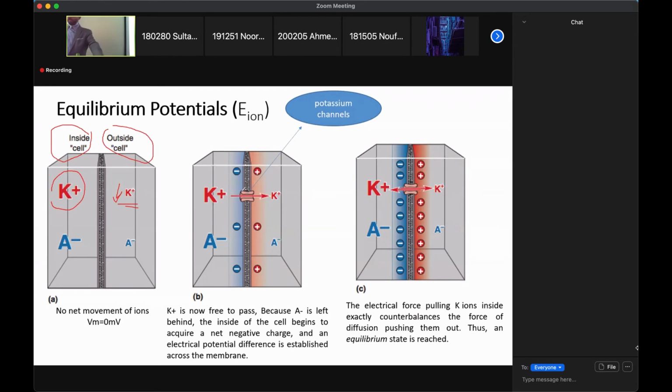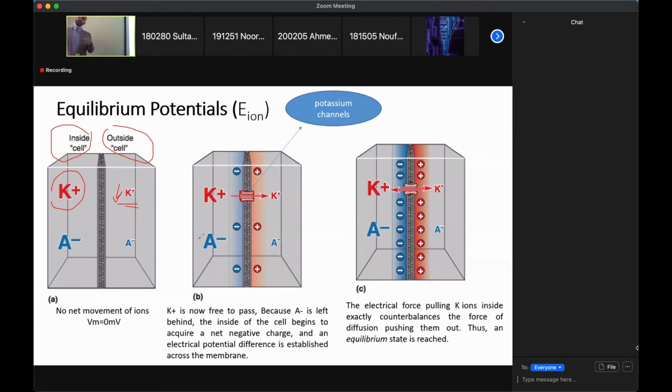Now, if we start inserting ion channels which are selectively permeable to potassium, what's going to happen to potassium? It will be moving from where to where? From inside to outside. Why? Exactly.